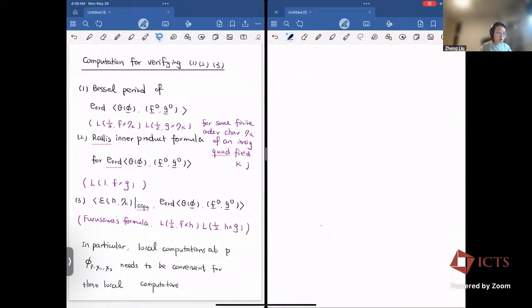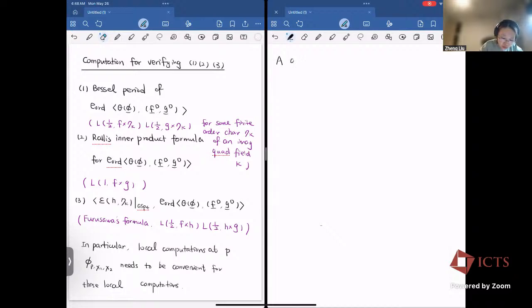Those choices, in particular for the first two computations, were already made in the work by Shi and Namikawa, so we're just going to use those. They are constants independent of chi1 and chi2. And now I'm going to say what we're going to put at p.